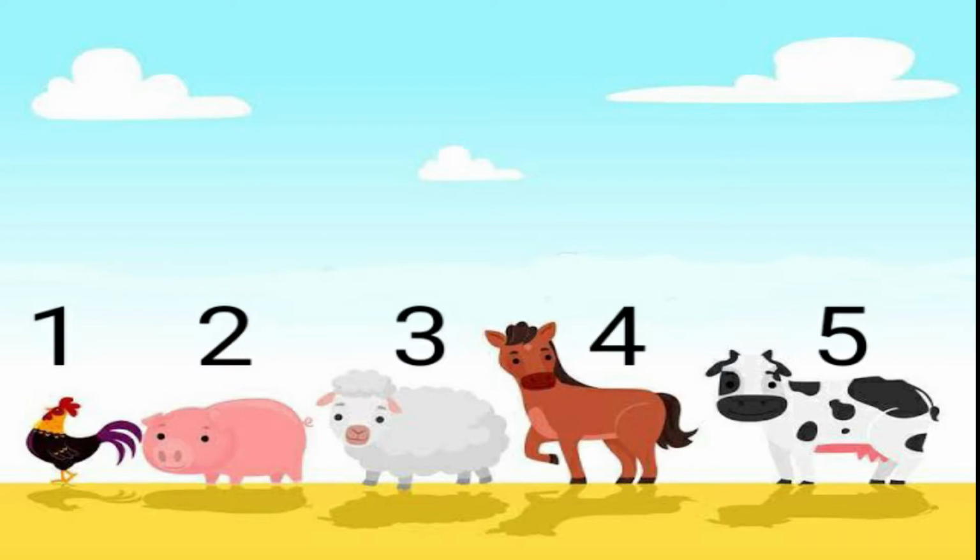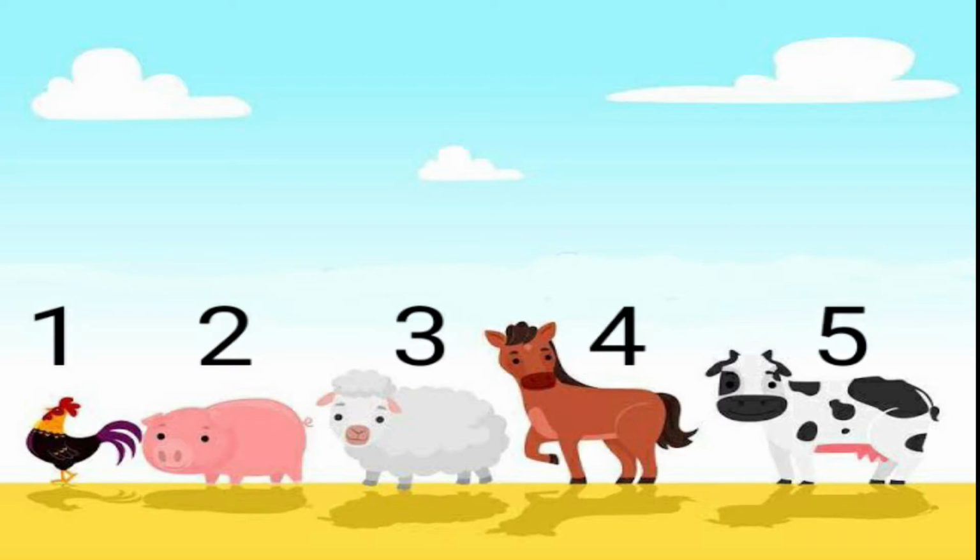In the same way, 1 after the number is 2. 3 after number is 4. 4 is the after number of 3. And what is the animal between pig and horse? Sheep.